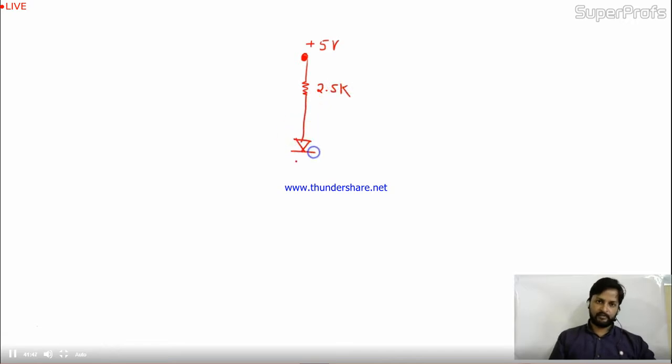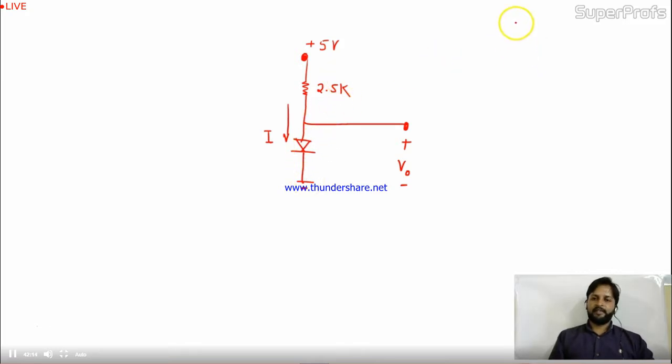Over here we have a diode and this is grounded. Here we are taking output V, or let's take it V0, and the current in the circuit is I. Now the question is, assuming the diodes to be ideal, find the value of I and V.